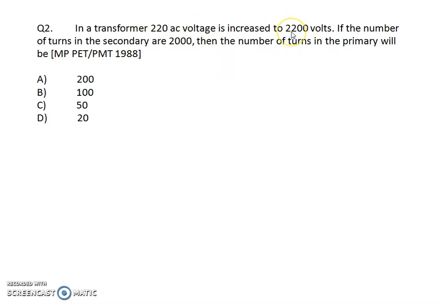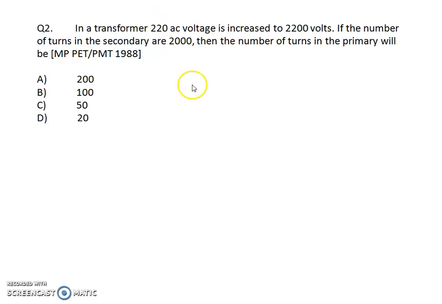So 2200 divided by 220 is equal to 2000 divided by Np, that is the number of turns in the primary coil, and therefore this ratio 2200 divided by 220 will be 10.